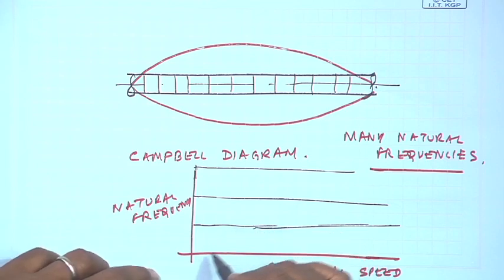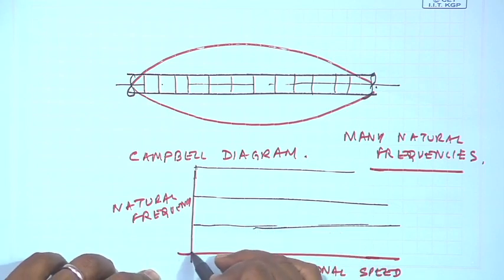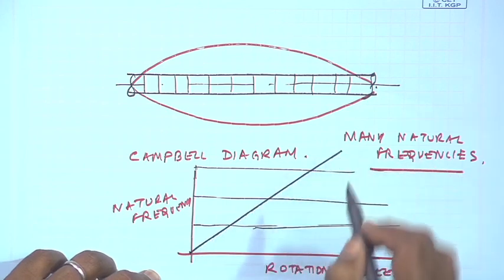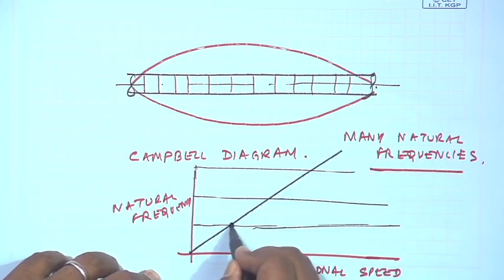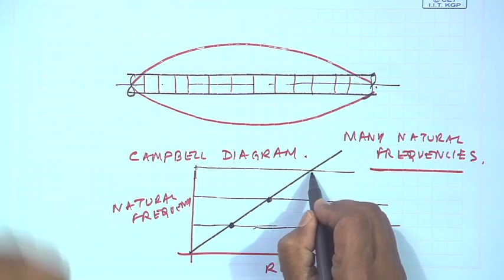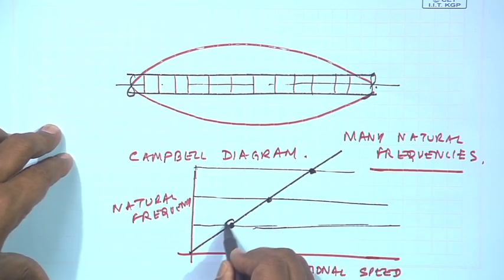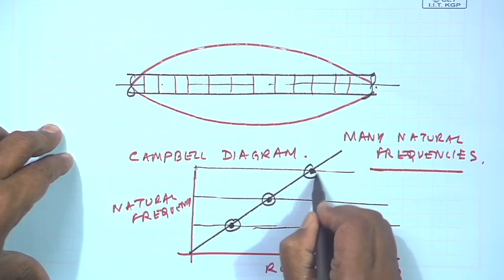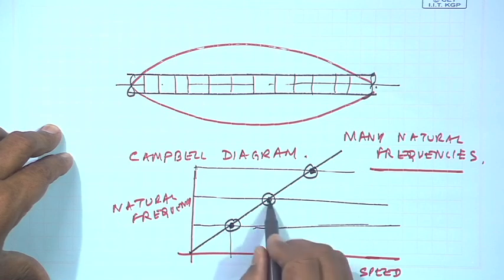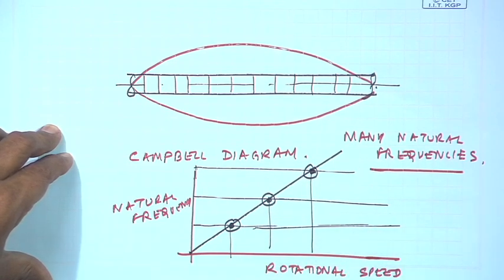So, I can have the rotational speed such that this is my rotational speed. This is one crossover, this is another crossover. So, these are regions where I should not operate my machines.